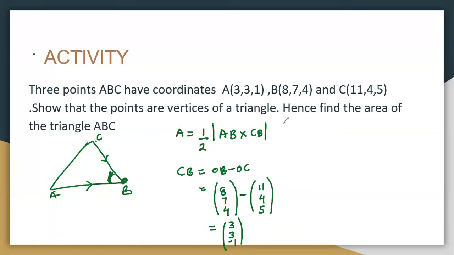So then we go back up in our formula and we substitute in. Area is equal to a half magnitude of AB, which was 5.